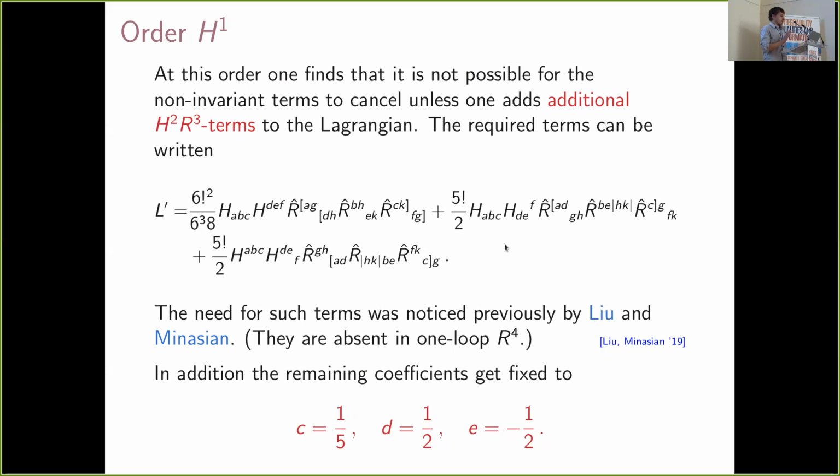They have to be there because of ODD, but they're not there in the one loop result. So the one loop result has a different completion of the same R to the fourth terms. So ODD is not there, at least not in this way, at higher loop orders.